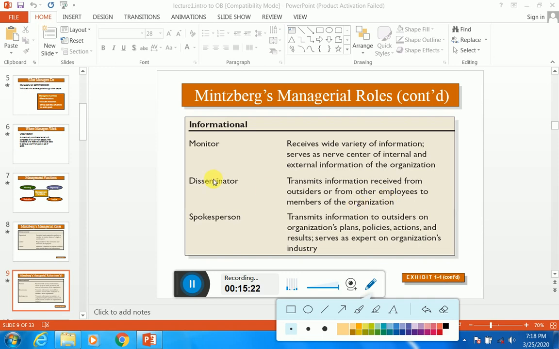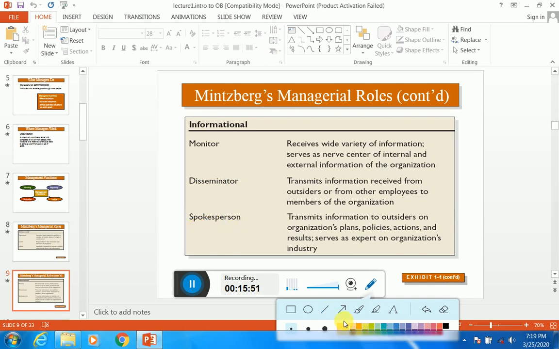Disseminator means spreading the information from the external bodies to the internal bodies. For example, when the HEC, Higher Education Commission, launches new rules or new policies for education, and passes that information on to universities and employees, that person is simply known as your disseminator.